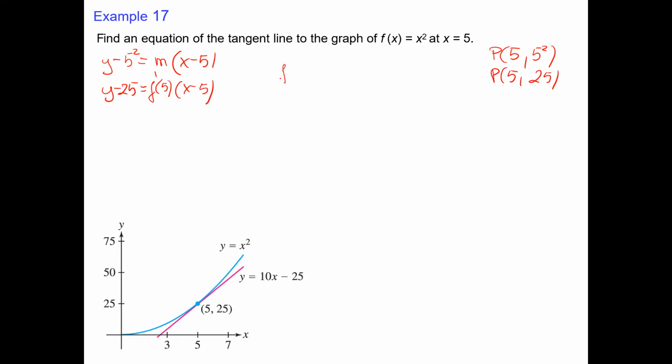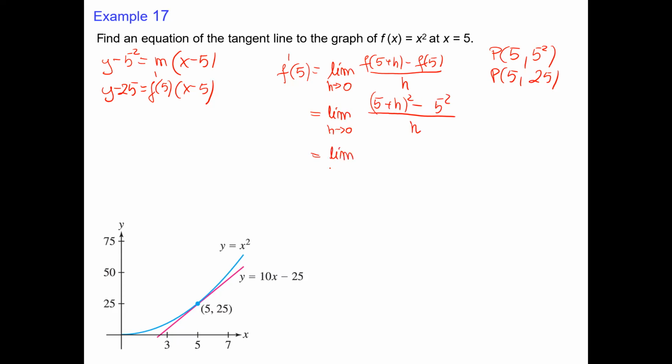Let's find the derivative. Only the limit definition is our tool at the moment. Limit of f of 5 plus h minus f of 5 over h. And you are an expert with limits. You went through chapter 2. The function is x squared, so we have 5 plus h squared minus 5 squared.